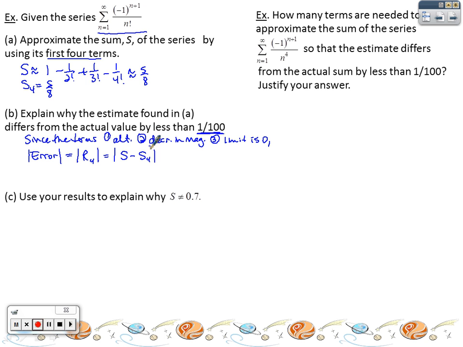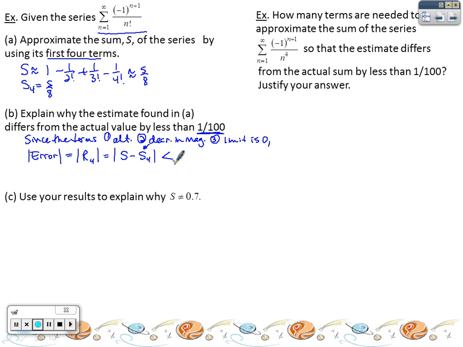Now, this one, actually, the AP guys like this one. You might see that one more often than the others, but you just need to know that all that means is error. So the little formula that we were looking at in the other, we said it told us that our error is going to be less than the first truncated term.